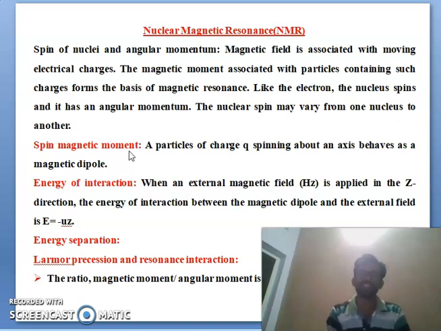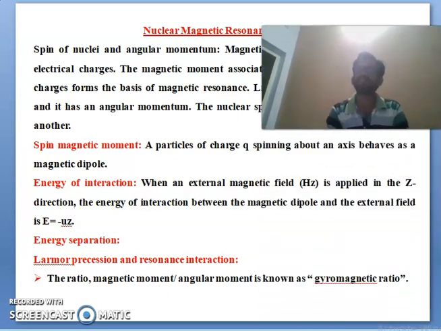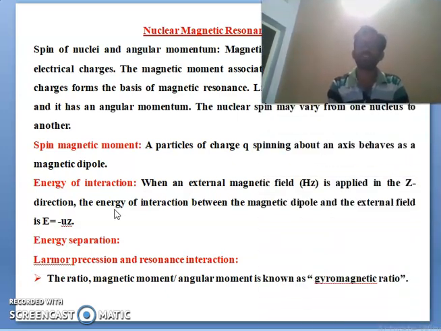Another new term is spin magnetic moment. Particles of charge Q spinning about an axis behave as a magnetic dipole. You can see the energy of interaction when an external magnetic field H is applied in the Z direction.